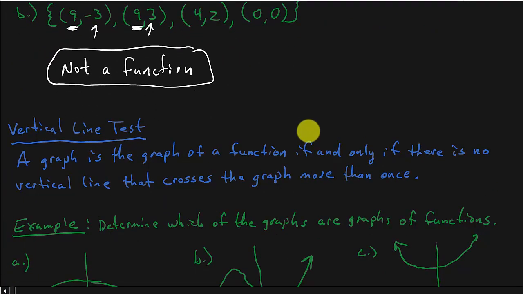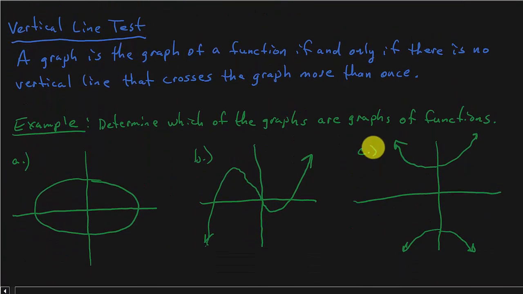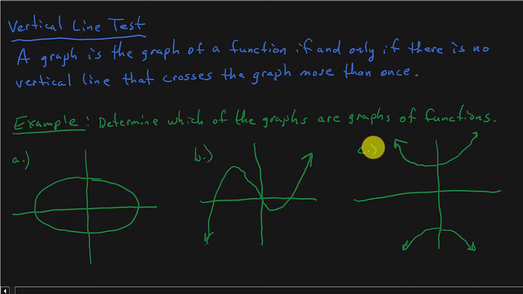Now, that's how we can determine if a set of ordered pairs is a function or not a function. Now, what if we have a graph? Well, we can also determine if we have a function from its graph.